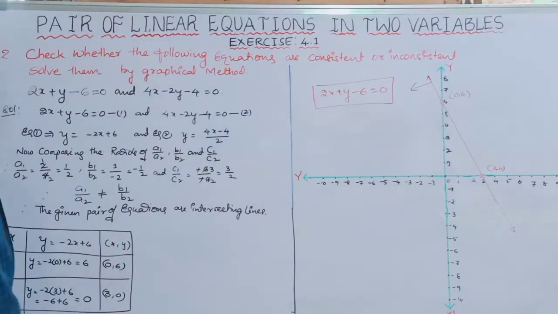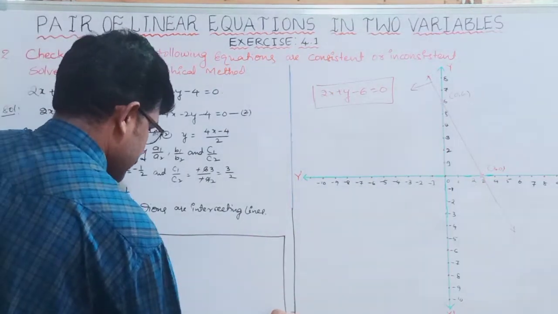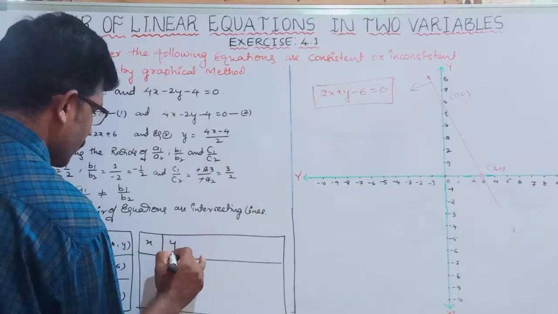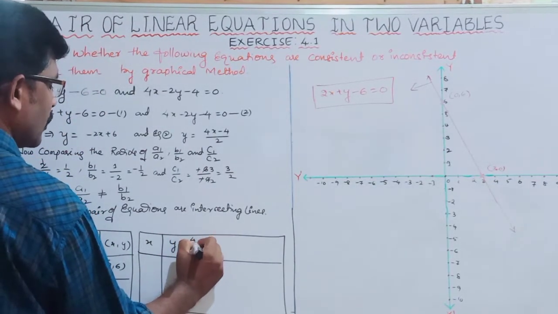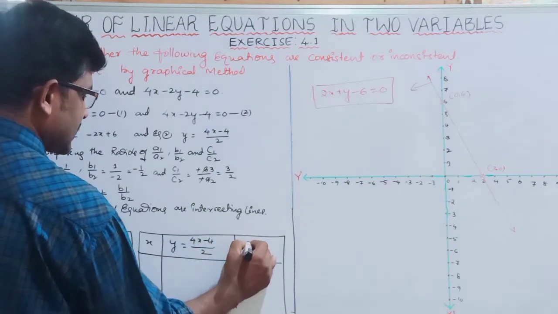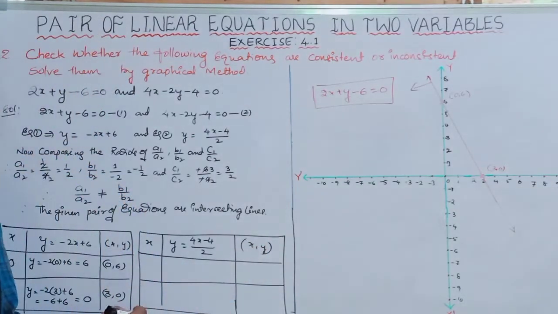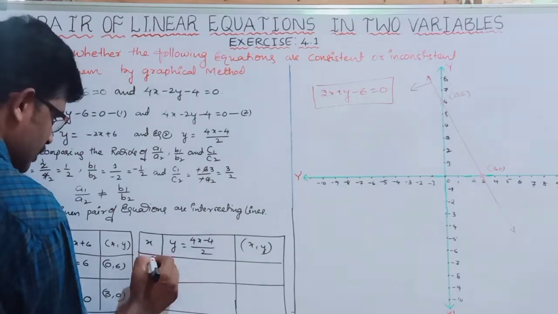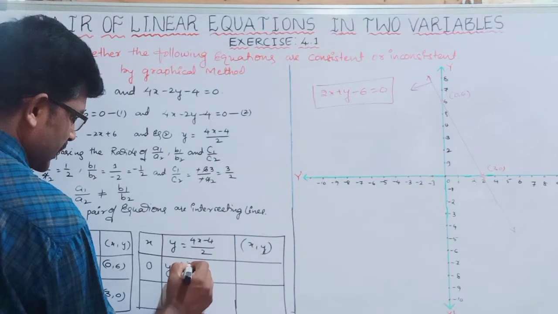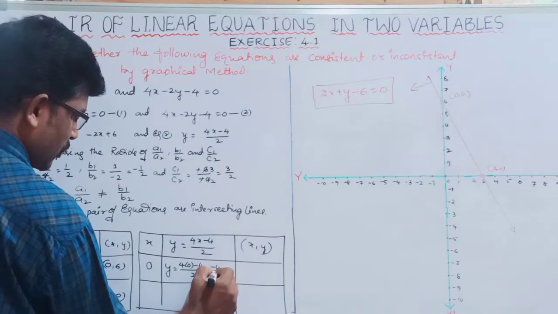Coming to the second equation, y is equals to 4x minus 4 by 2, x comma y. If x is equals to 0, then y is equals to 4 into 0 minus 4 by 2.